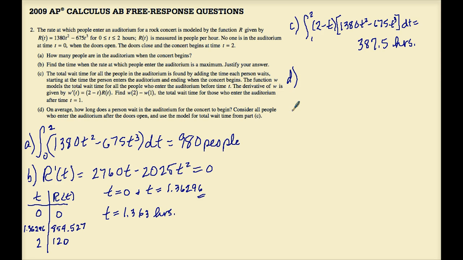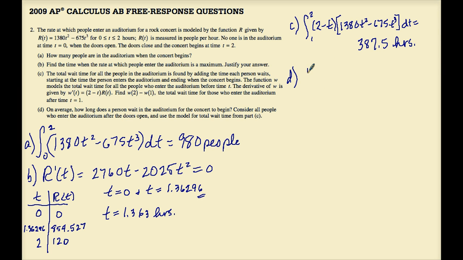But that's not what we're asked to find. We're asked to find on average how long does each person wait in the auditorium. So once we get that total amount of wait time, we'll divide by the number of people who entered the auditorium from time t equals 0 to time t equals 2. That will give us the average time that each person waited for the concert to begin.